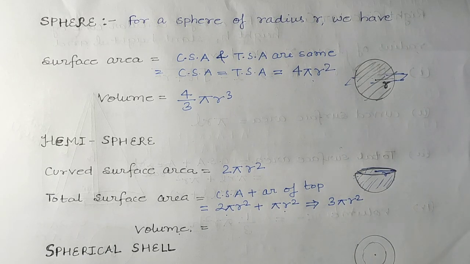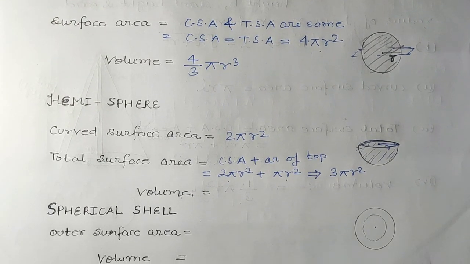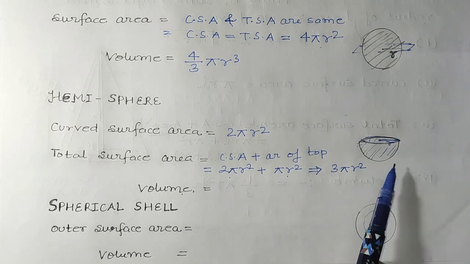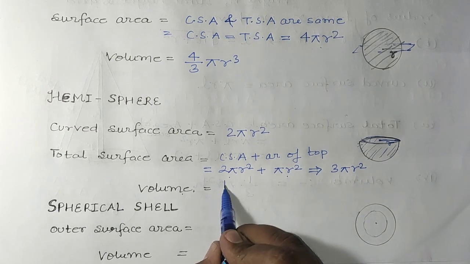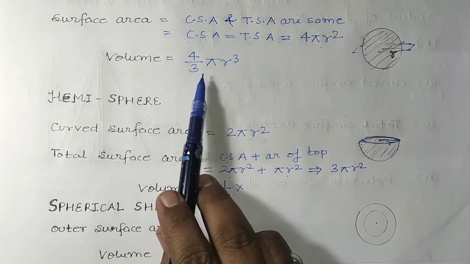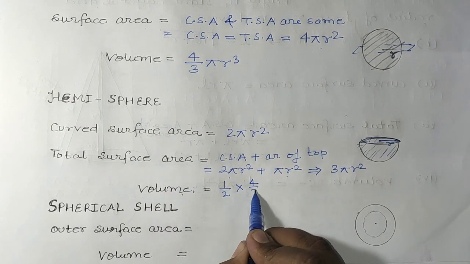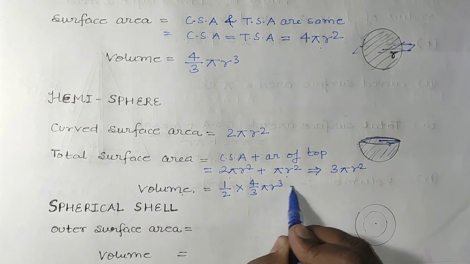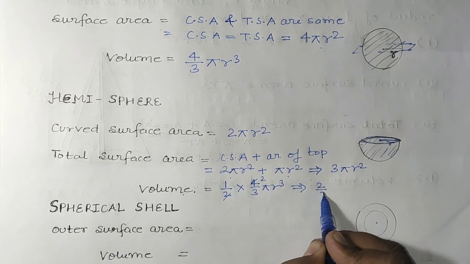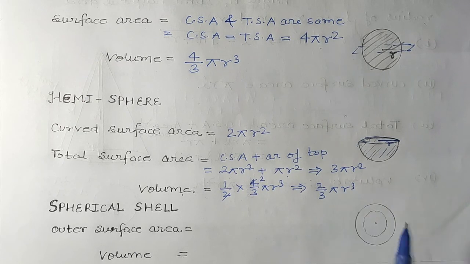So remember, in the case of a hemisphere, the total surface area is 3 pi r square. Okay. What will be the volume of a hemisphere? The volume of a hemisphere is just half the volume of the sphere, and the volume of a sphere is 4 by 3 pi r cube. So 2 2s are 4, and it will be 2 by 3 pi r cube.